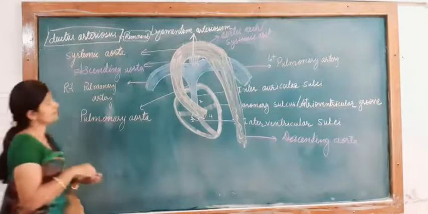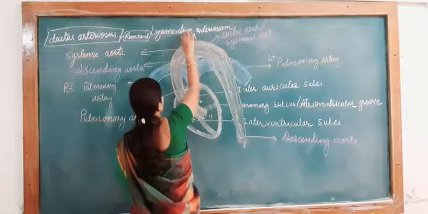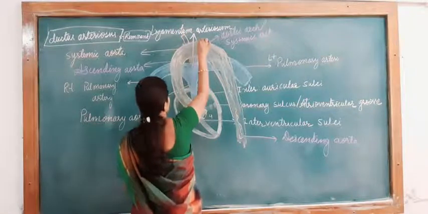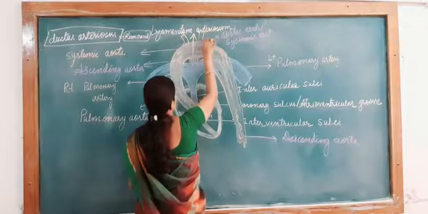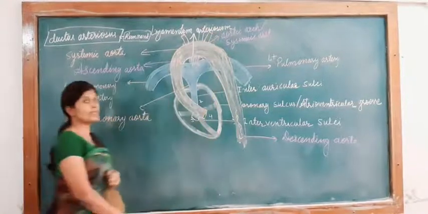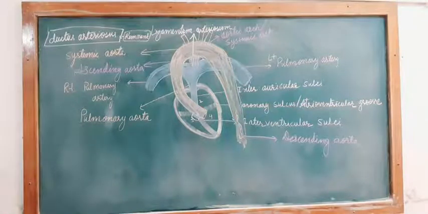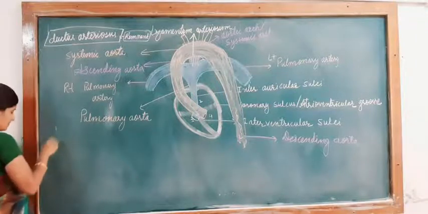Here these three arteries are present on this arc, the systemic arc. The first one is the brachiocephalic artery.